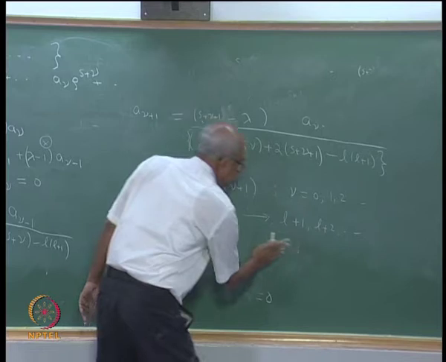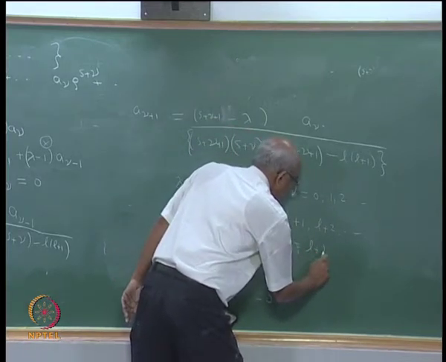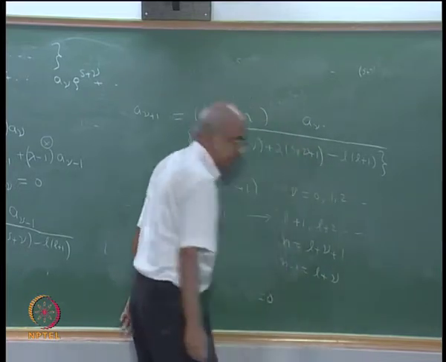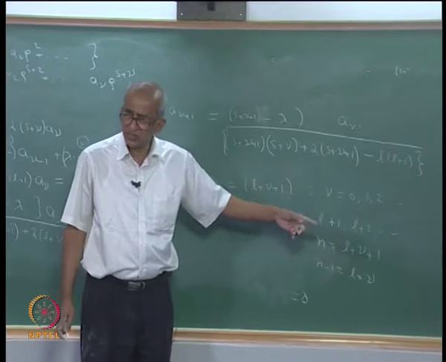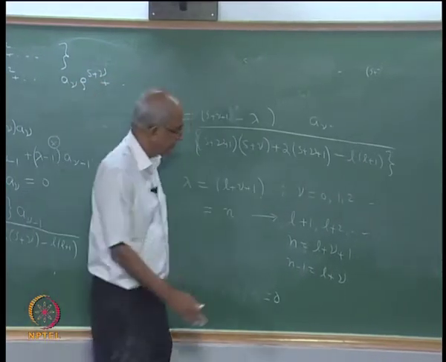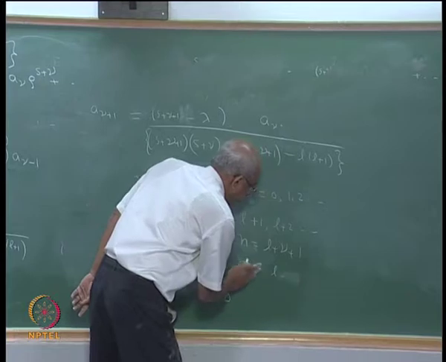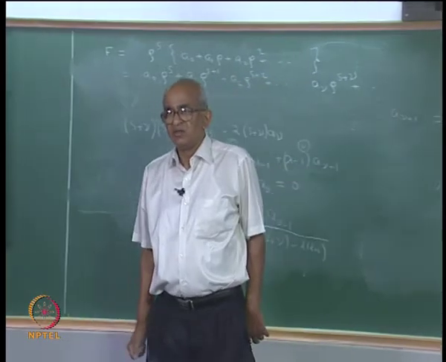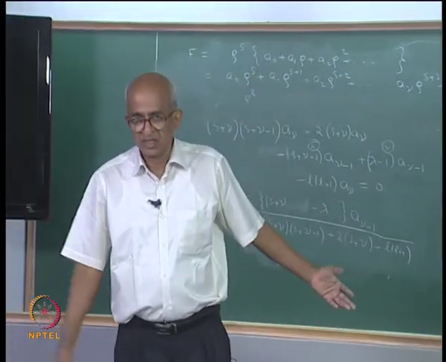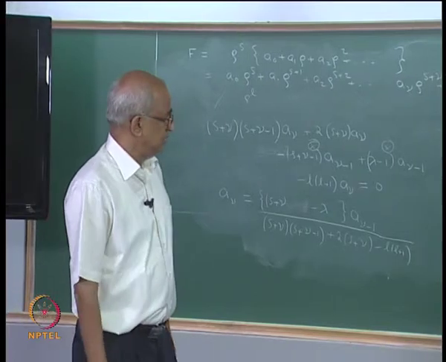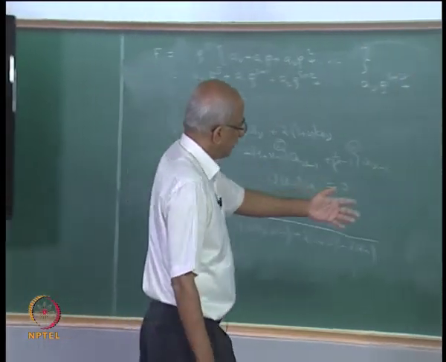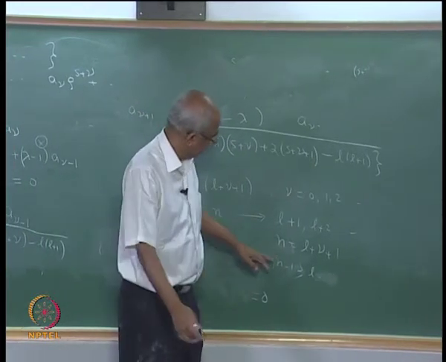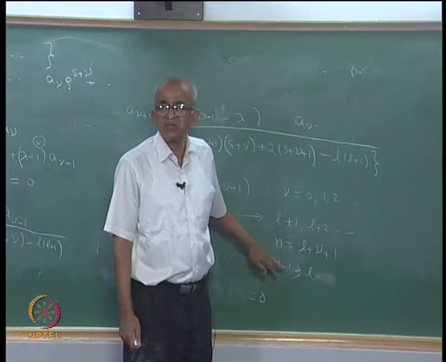N is equal to L plus nu plus 1, which implies that n minus 1 is equal to L plus nu, and nu can take the values of 0, 1, 2, 3, etc. So, therefore, you have the condition that n minus 1 has to be greater than or equal to L, because n minus 1 is equal to L plus nu, and nu can take the value 0, 1, 2, 3, etc. And this n is actually nothing but your principal quantum number.